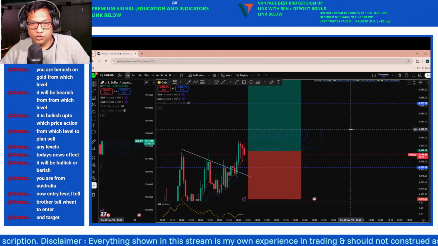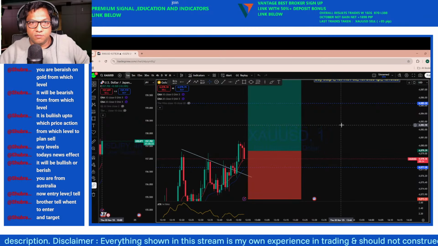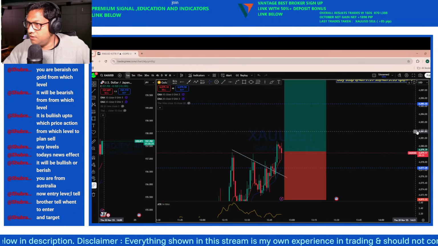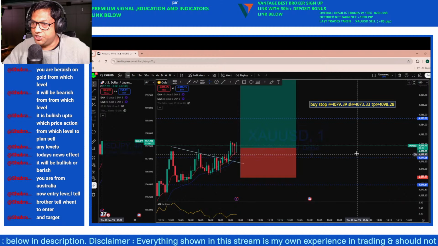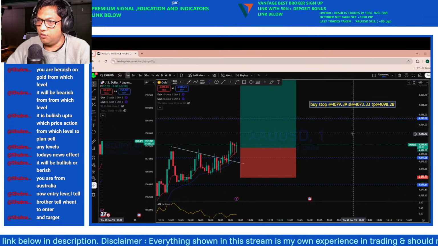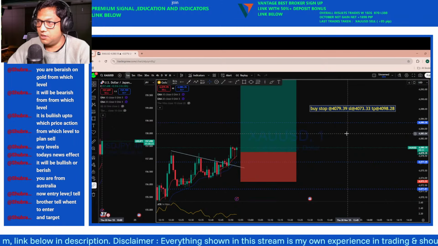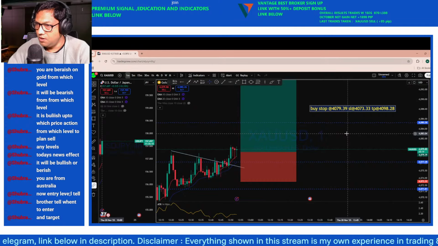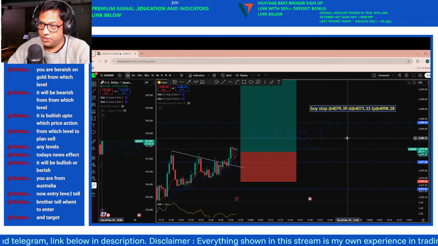We can move the stop loss to entry. Here is some, again, some rejection coming here. So if the market breaks out before NFP at the 4085 level, we'll be moving the stop loss to entry.